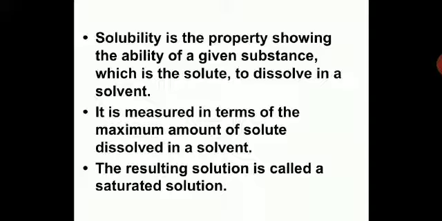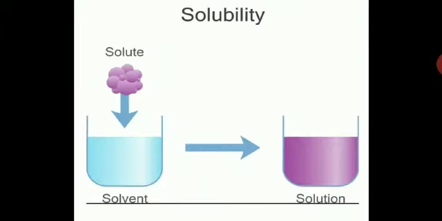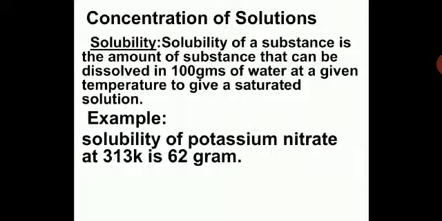It is measured in terms of the maximum amount of solute dissolved in a solvent. So the saturation point should be reached. Like the example we have seen here, 62 grams of potassium nitrate at 313 K dissolved in 100 grams of water.